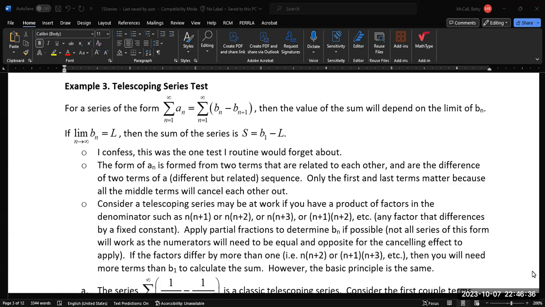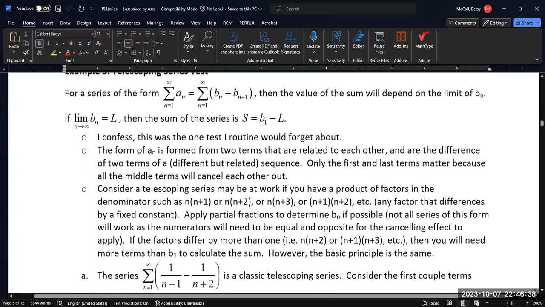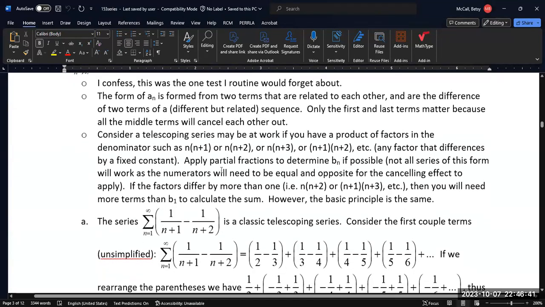So what we're looking for in order to apply the telescoping series test is factors in the denominator that are separated by whole integers. So n and n plus 1, or n and n plus 2, for example, or n plus 1 and n plus 2, n plus 1 and n plus 3, etc. You can also do it if they're two values apart, like 2n plus 1 and 2n plus 3.